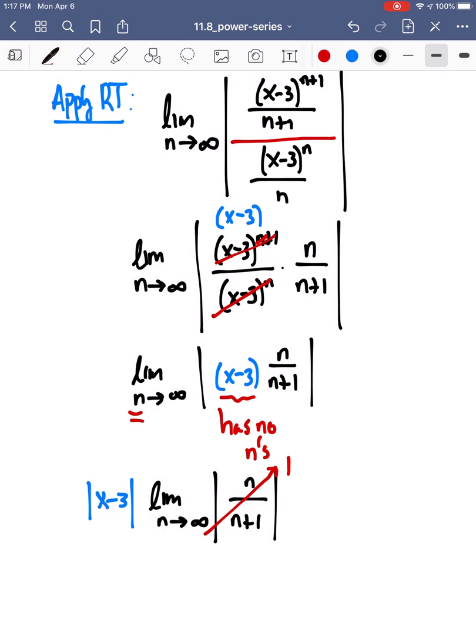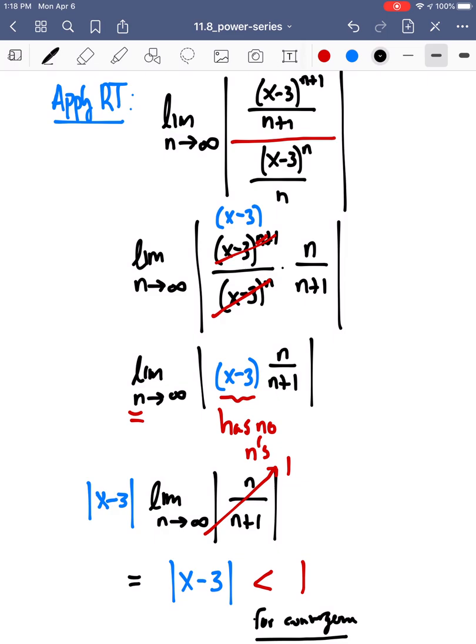So at the end of the day, what this equals is just the absolute value here of x minus 3. And remember, for ratio test, in order for convergence, we need this to be less than 1. So I'll just write a little note for convergence. So this inequality that I'm introducing right at the end, I am putting there because we want this series to converge.